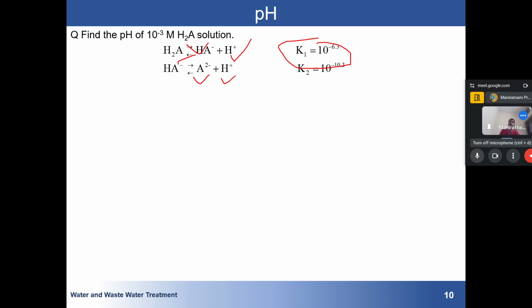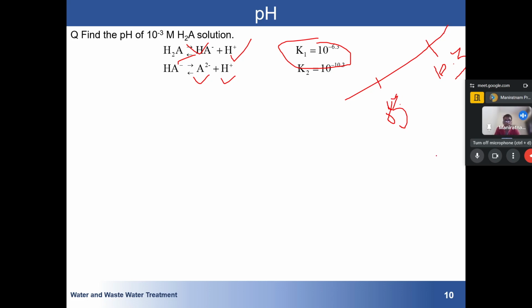Again, here you can plot the log C-pH graph. This is your pH line, with 6.3 and 10.3 marked.